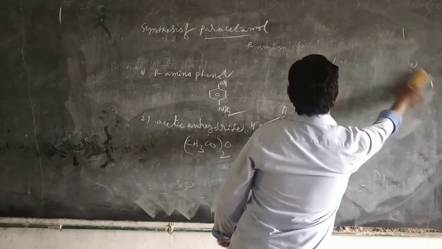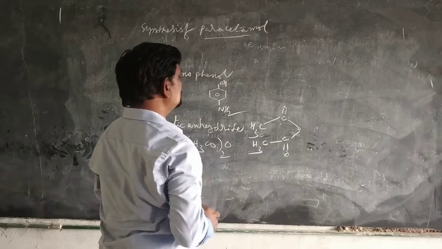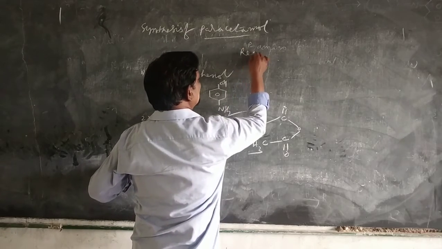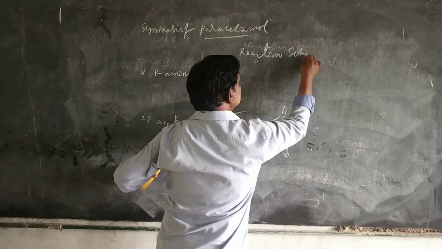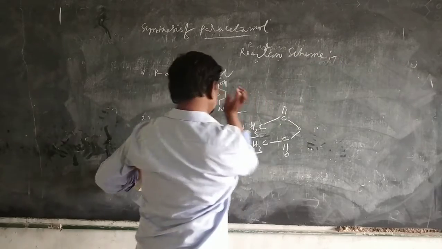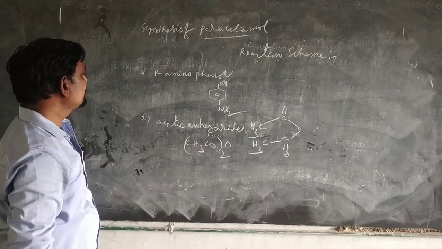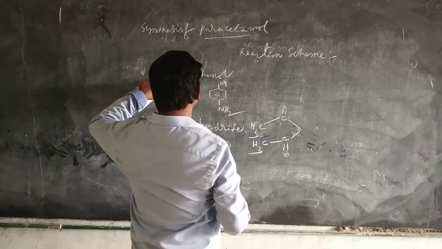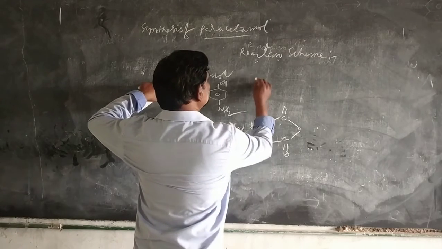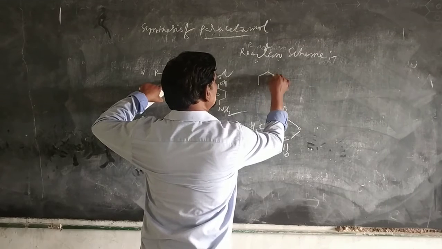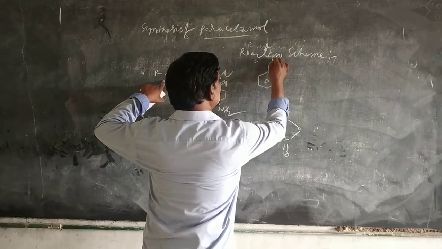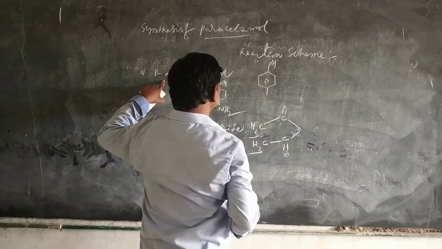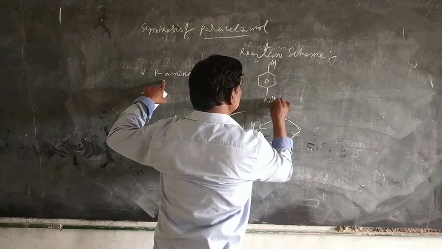So what is the reaction scheme? Initially, the substrate molecule is para-aminophenol. Here, para-aminophenol is a benzene ring attached with an OH group and, at the para position, an NH2 group.